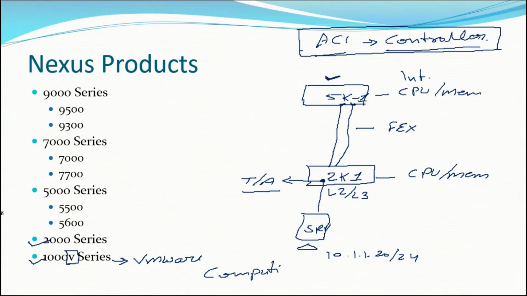VMware has its own computing environment, but is not as confident in networking. They are not aware of the same kind of networking technology as Nexus, but they are quite good in computing. They are experts in computing and virtualization.